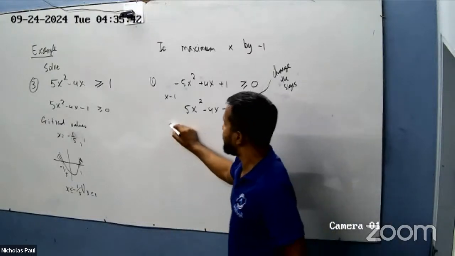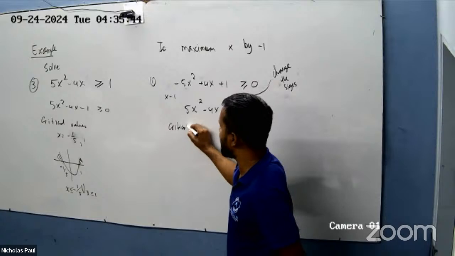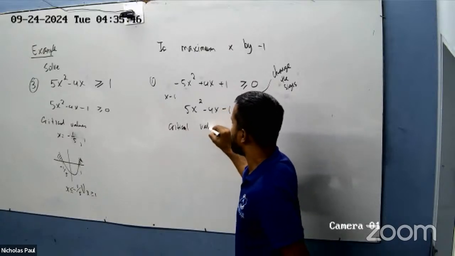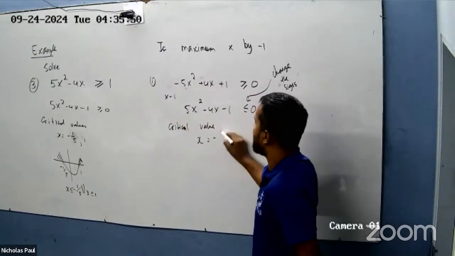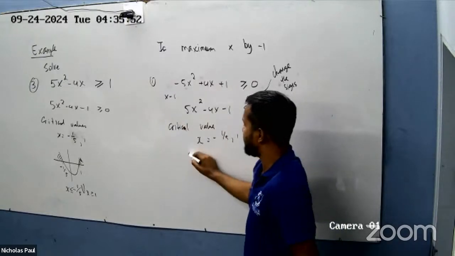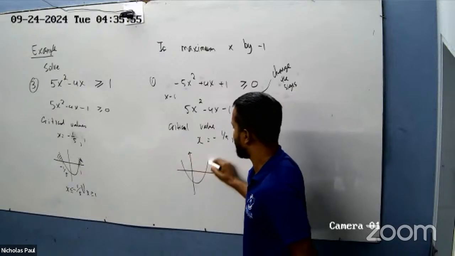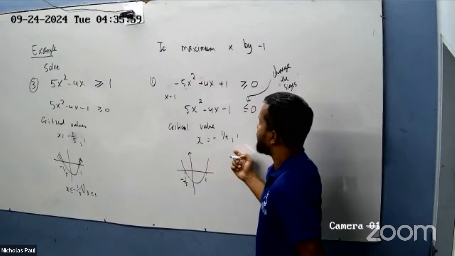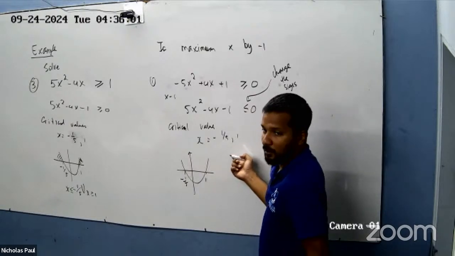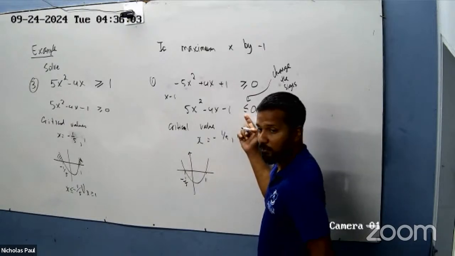And then go right ahead and finish it out. So the next step, find the critical values. The critical values are the same as in the question from before. Minus 1/5 and 1. Where do I shade? Less than, right?